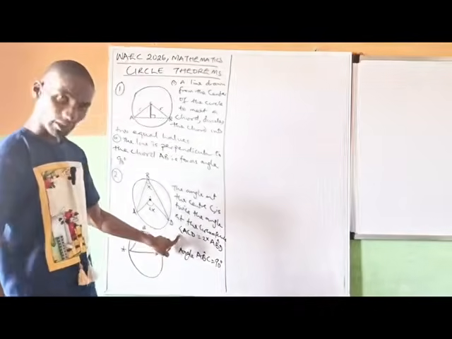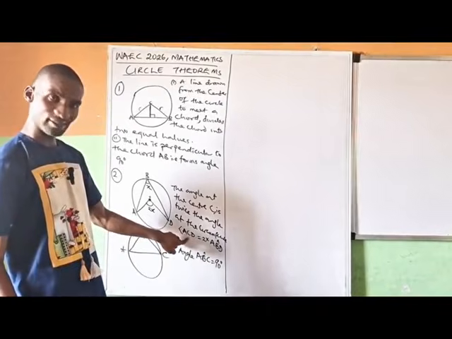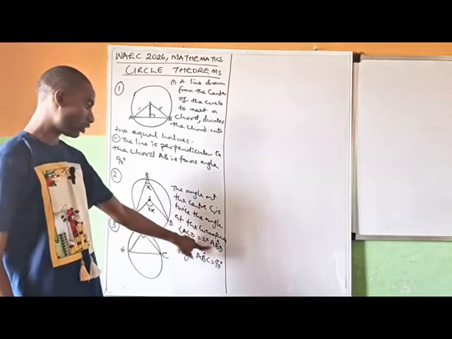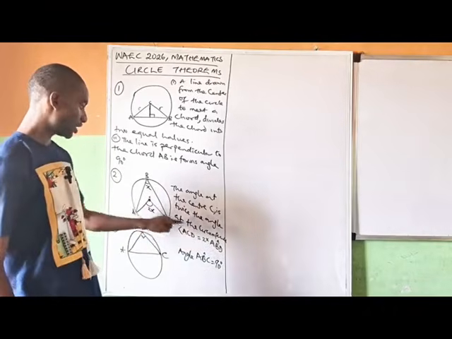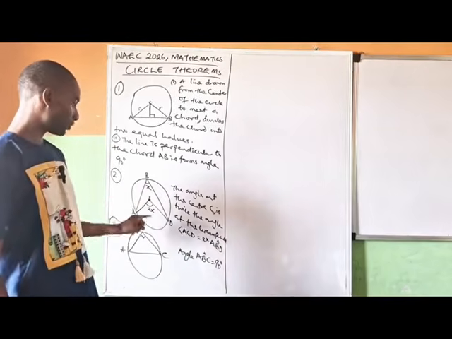You remember the meaning of this, it means the angle at the center C. So ACD is 2 times ABD. This sign means my angle is on B, all right.